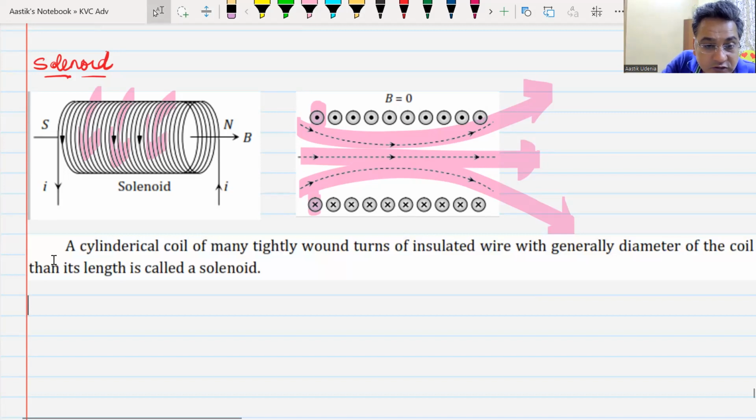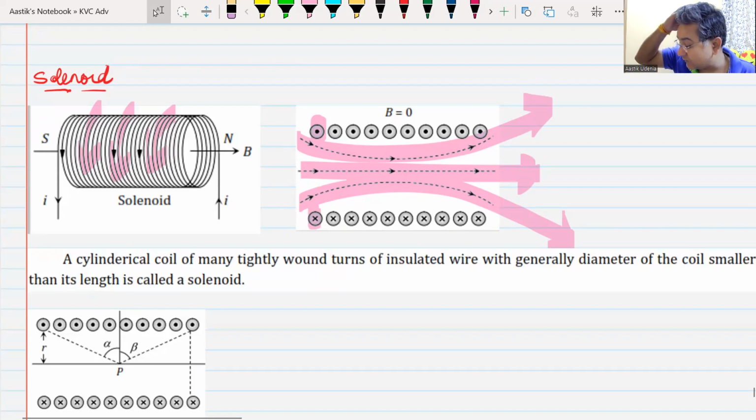Now, if I draw the solenoid like this, and if I call the two angles alpha and beta, or if you don't want to call them alpha and beta, you can call them theta 1 and theta 2.